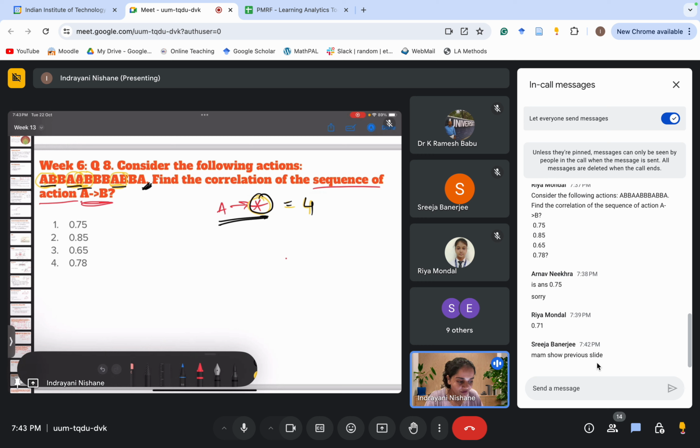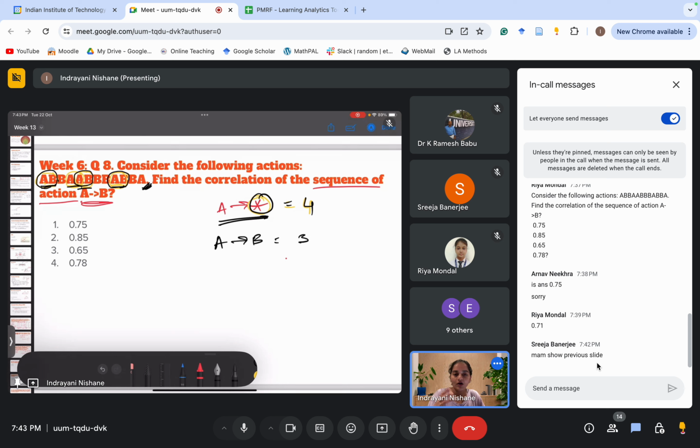So 4 times, and how many times has the transition A to B occurred? Let us check once. This is 1, this is 2, and this is the third AB. So 3.